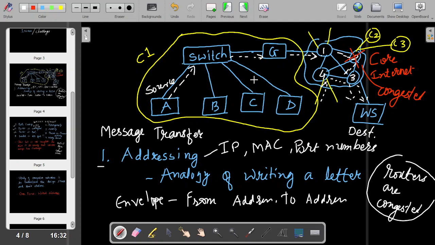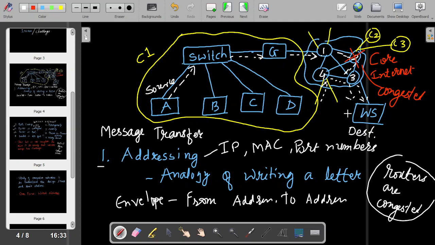And the sender, or the source, will never get a reply. So summarizing, congestion or traffic has resulted in loss of packets. The challenge is how do we detect packet loss and how do we recover from loss of packets?